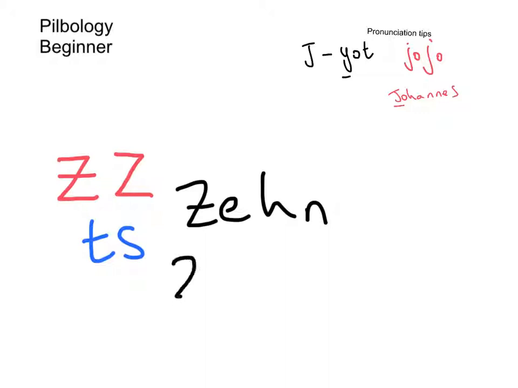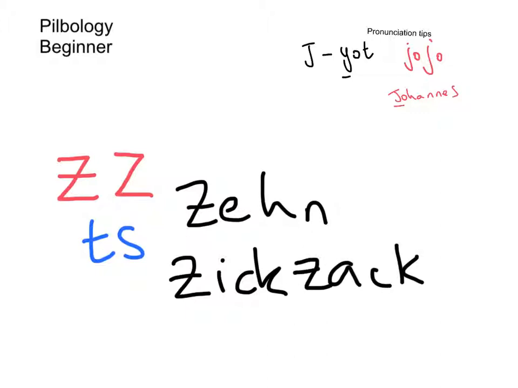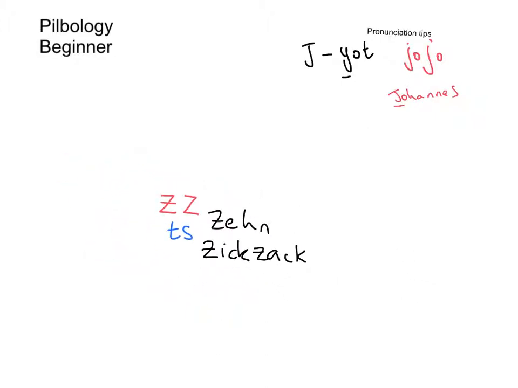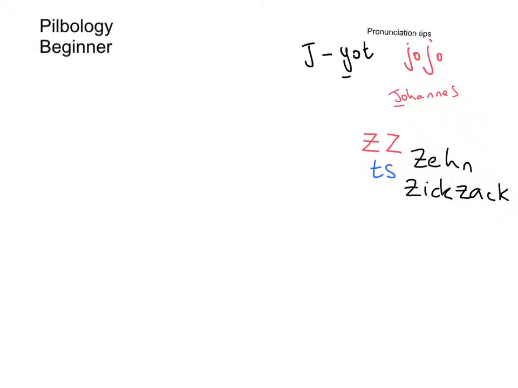Or a zigzag, which in German is zick, zack. Right, so it's important to remember the Z sound is a TS, not a Z. If you say vier or wir sehen instead of 14, then it's a big taboo, which brings us on to our next letter.